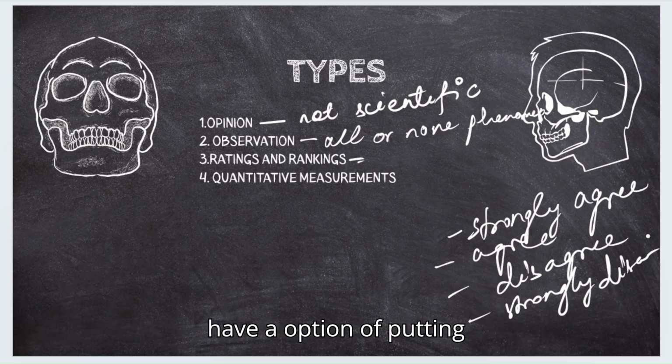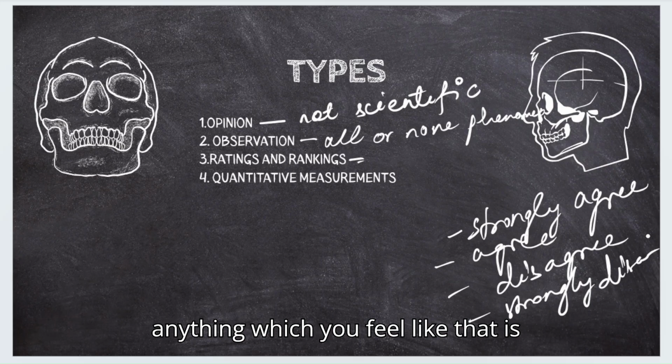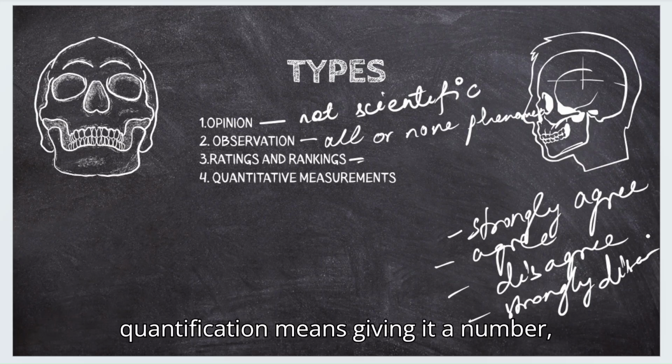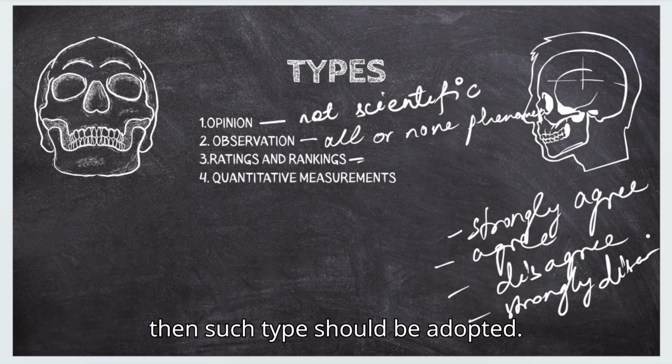So you have the option of putting 0 or 1 or 2, 3, 4, 5, anything which you feel like. That is ratings and rankings. Whenever a particular data is difficult to quantify, meaning giving it a number, then such a type should be adopted.